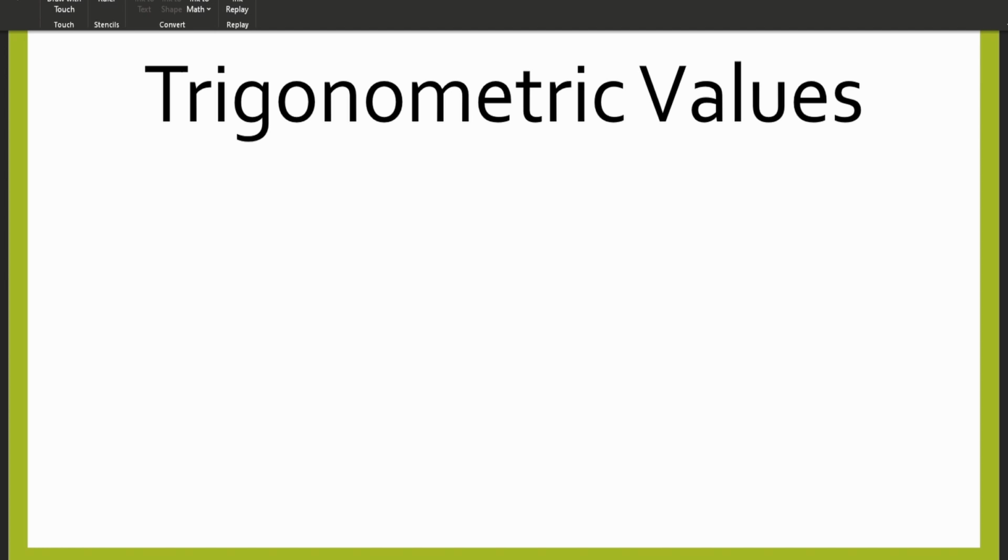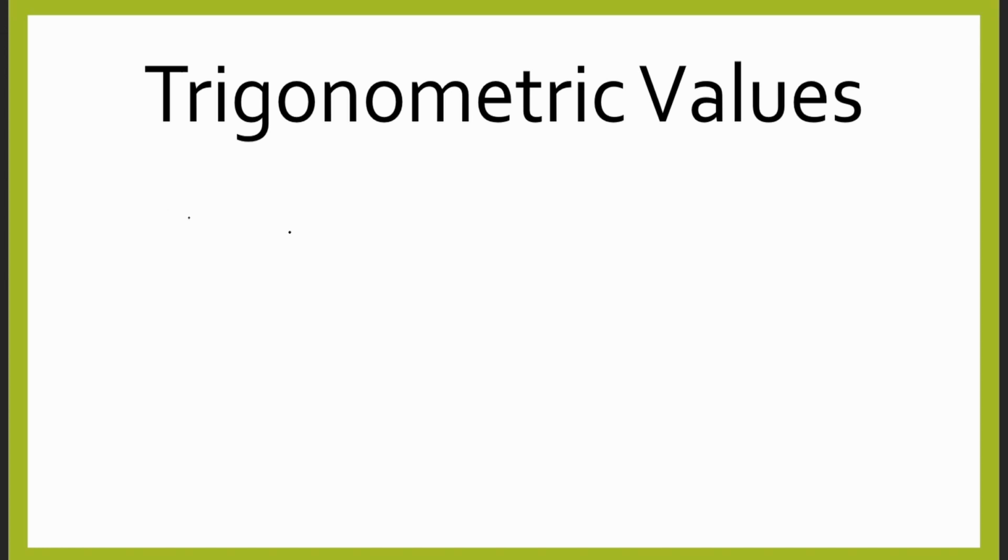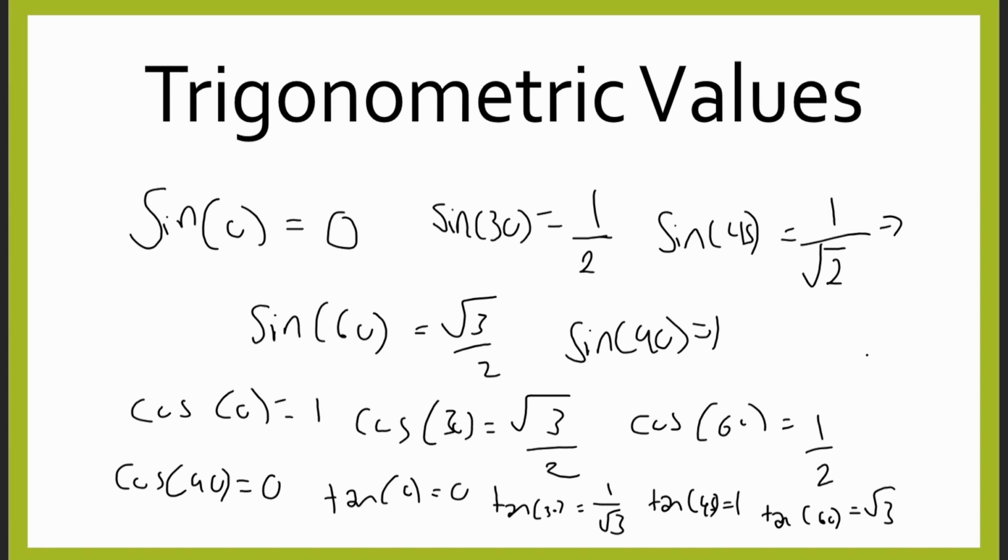You will need to know this inside out. Some questions that you'll get on the non-calculator paper, you will have to use your knowledge to know what these values are for sine, cos, and tan. So those are all the values you need to know for trig.